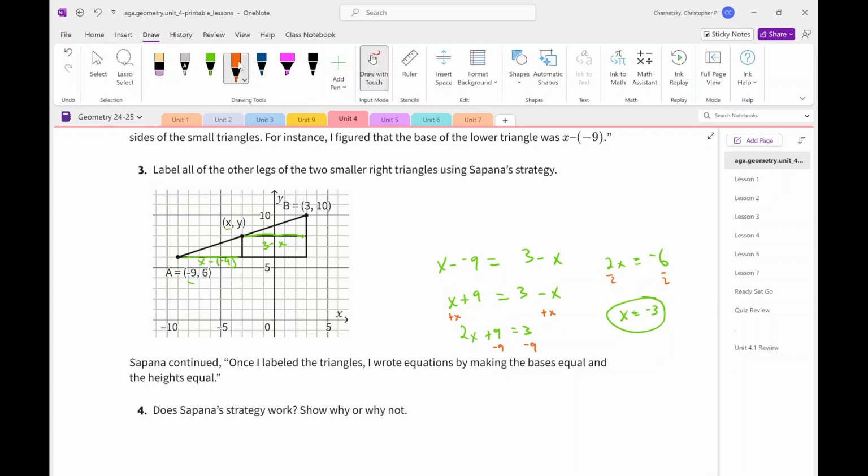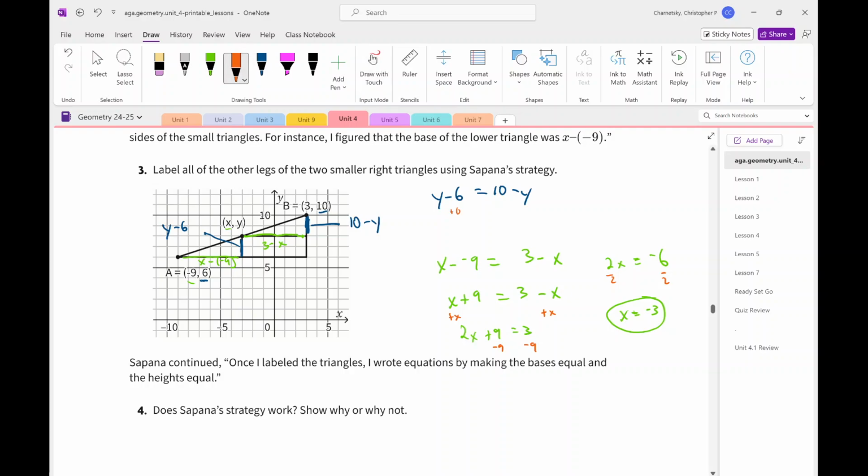And we could look at the y coordinates and see if that same strategy works. So that segment there would be y minus 6. And this segment here would be 10 minus y, looking at our y coordinates here. So y minus 6 equals 10 minus y.